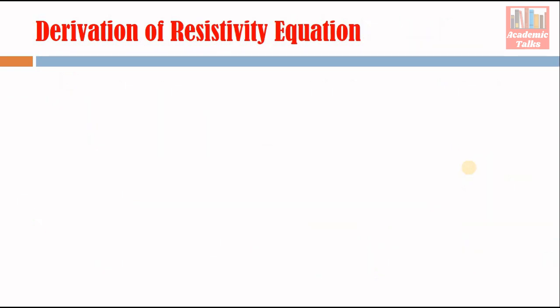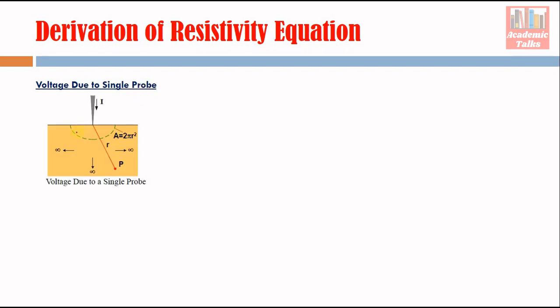Now we go to the next step in the derivation. First we have to see what happens to the potential if there is a single probe. For example, this kind of sample is there, a single probe is touching, and now we are trying to find out how we can find the potential at any point because of this probe touching the sample surface. But before that, verify that the sample is semi-infinite.